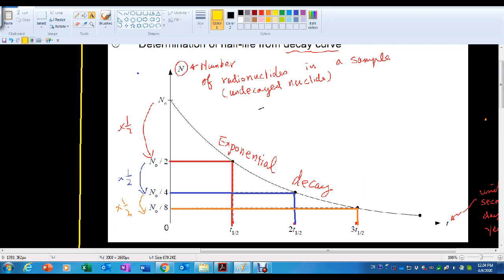If that sequence goes on, it becomes smaller and smaller, but it will never be zero. In terms of the curve, it approaches zero but will never touch zero. It just goes on forever.